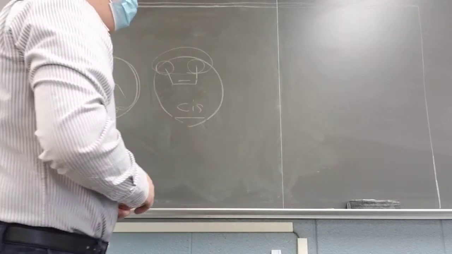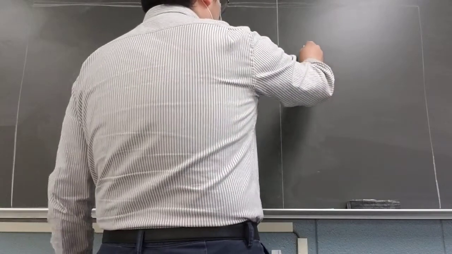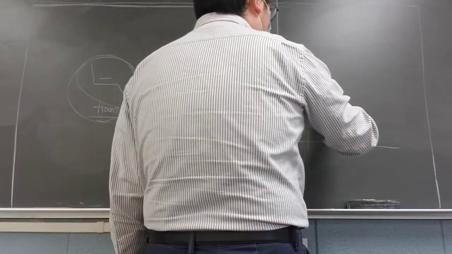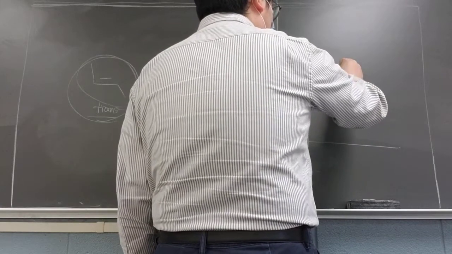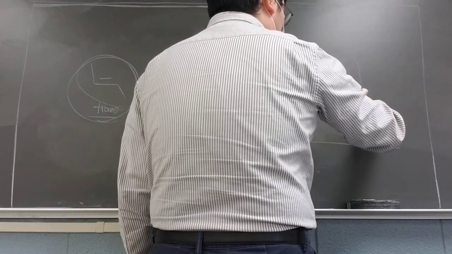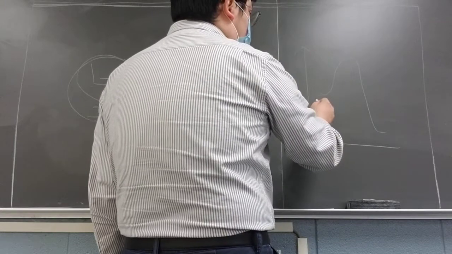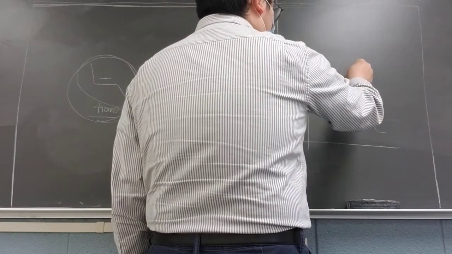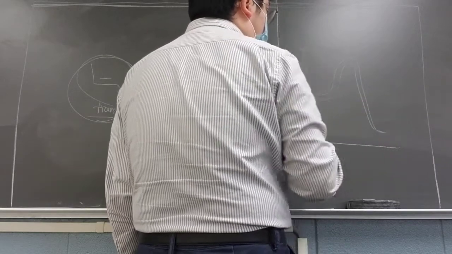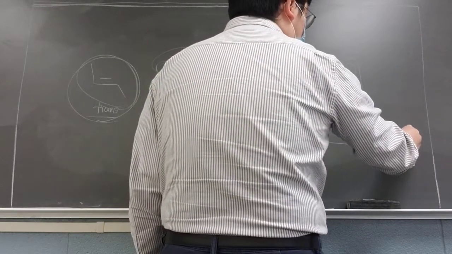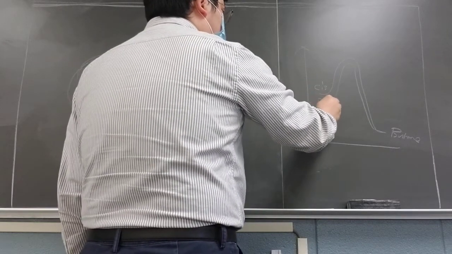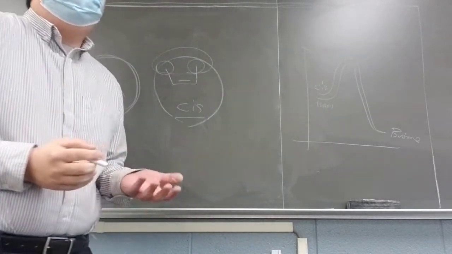If you look at the energy diagram for these two, the cis form will start slightly higher, and the trans form starts lower. Eventually you get the same product, butane, but the cis form is slightly higher than trans, meaning it's slightly more unstable.